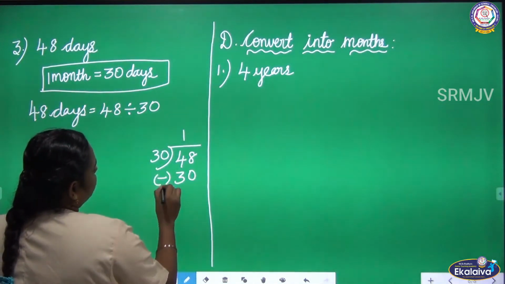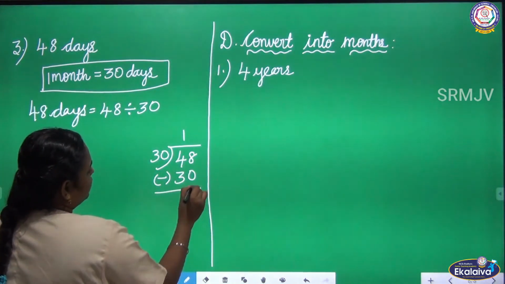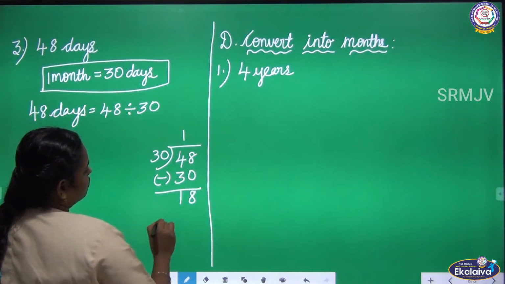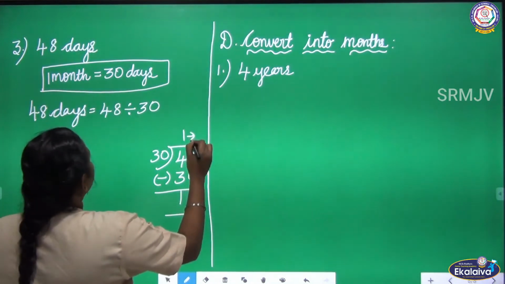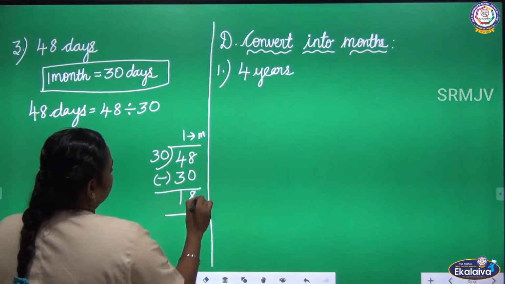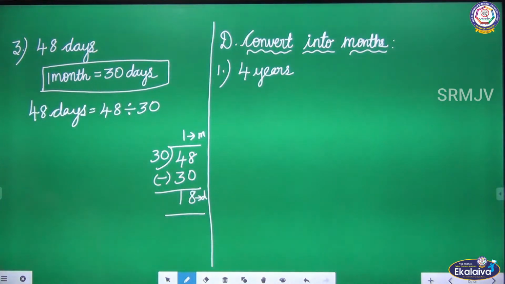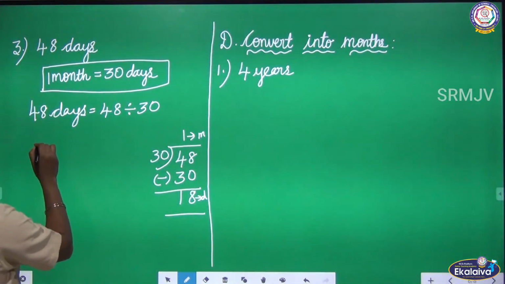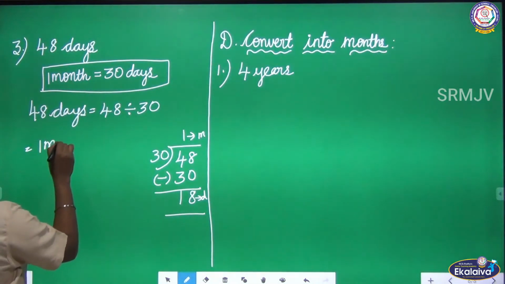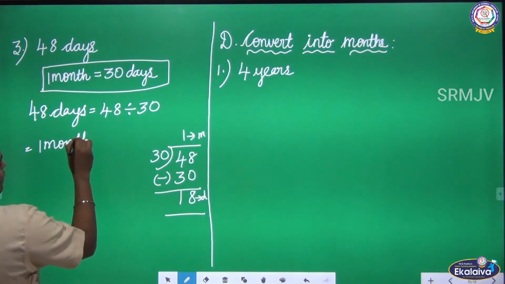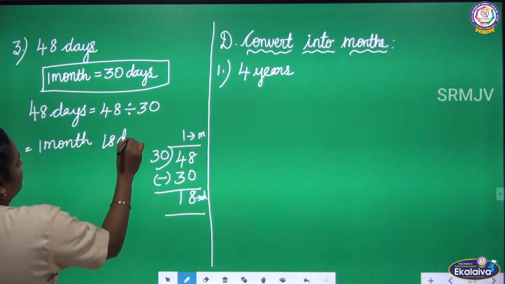If you subtract, 8 minus 0 is 8, then 4 minus 3 is 1. So what is this? This is month, and the remainder is days. So how many months, how many days? 48 days equal to 1 month and then 18 days.